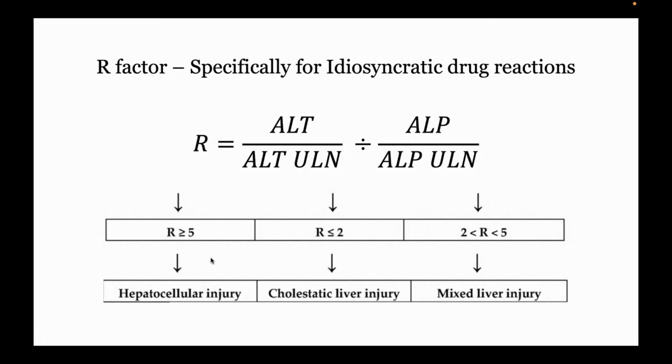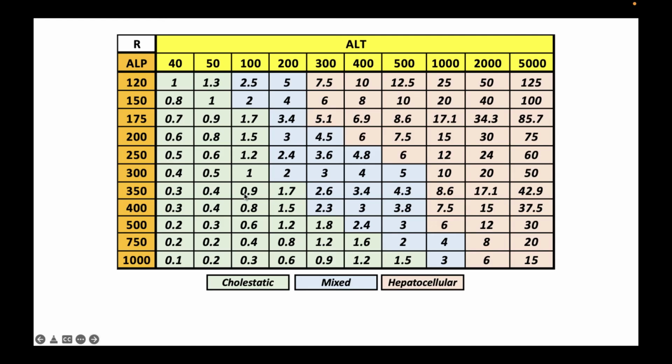And the famous thing to do, specifically if you have an idiosyncratic drug reaction, not really if you have a direct or indirect toxicity, but if you have these drug reactions that happen anytime and you're not sure what's happening, you can calculate what we call the R factor to try to differentiate between hepatocellular, cholestatic, or a mixed liver injury. And this is advocated for in the latest ACG guidelines.